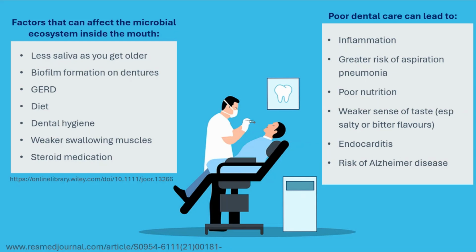Some of the factors are, as you get older, you tend to produce less saliva, and that's a problem because your saliva controls the little ecosystem. It has compounds in it, like little peptides, that kill some bacteria and favor other ones. And if you're producing less of that saliva, you're not controlling the levels of the bad bacteria so well.